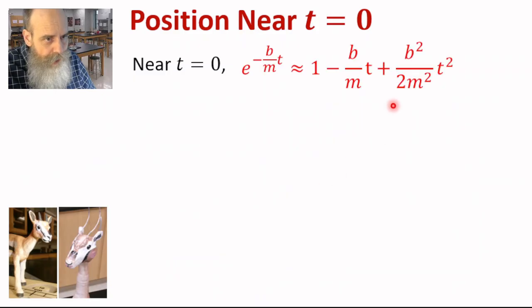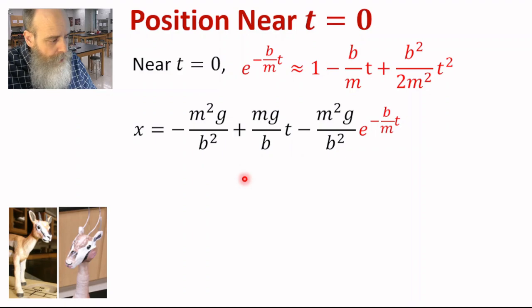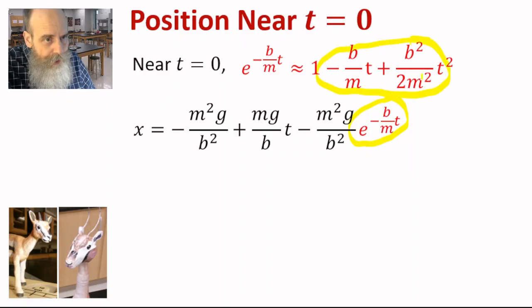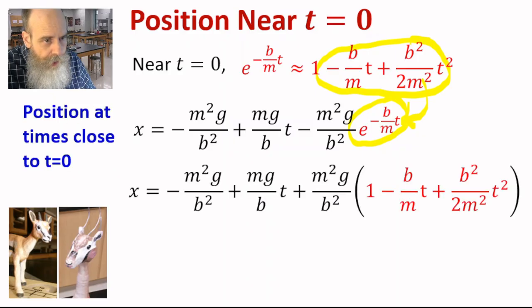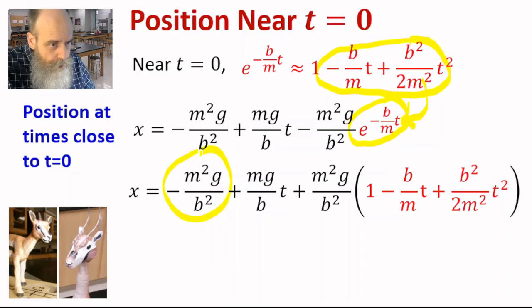So there's our expansion. This is x. Now we're going to replace e to the negative b over m t in red with this expansion. Make that replacement. And this is what we get. Now certain things are going to cancel out here. This term and the 1: negative m squared g over b squared plus m squared g over b squared sum to 0.